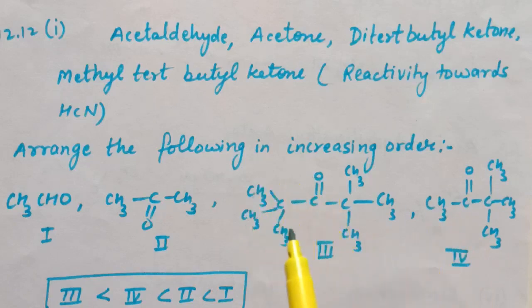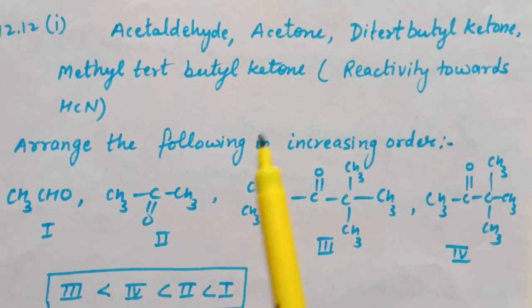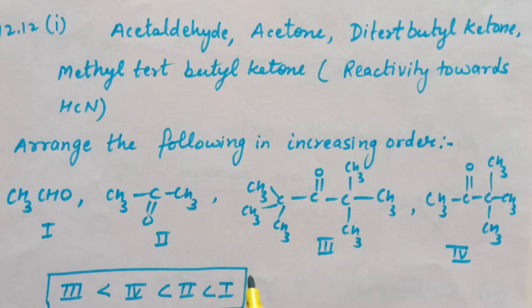And di-tertiary butyl ketone is least reactive because this ketone has more crowding as compared to these two ketones. So this is the increasing order of these compounds towards addition of HCN: third is the least reactive, then fourth, second, and first is the most reactive.